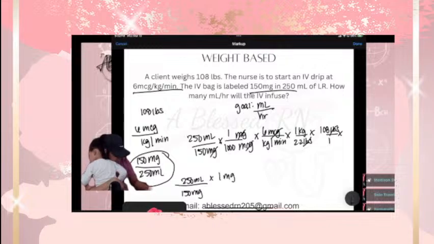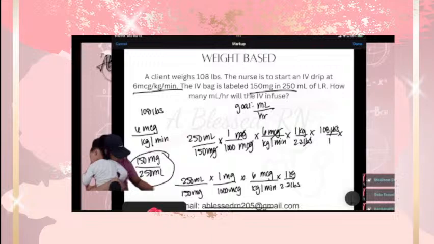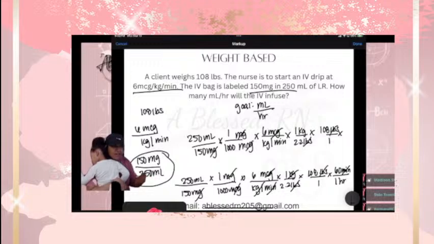Times 1 milligram, 1,000 mics, 6 micrograms kg per minute. 1 kg is 2.2 pounds. 108 pounds over 1 times 60 minutes at the top, because we want hours at the bottom. So there are 60 minutes in an hour. So cross out, cross out, cross out, cross out, and cross out. Everything is now gone except for what your goal is at the top, which is milliliter per hour.